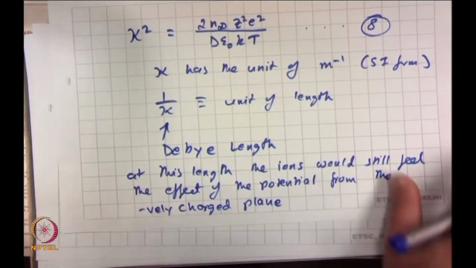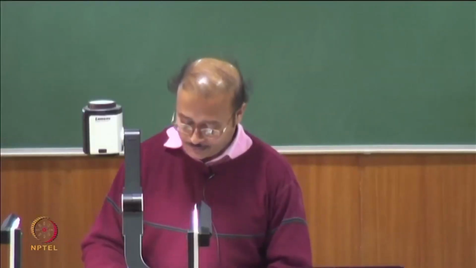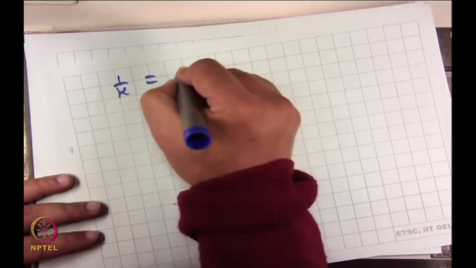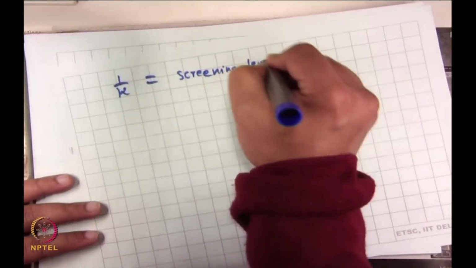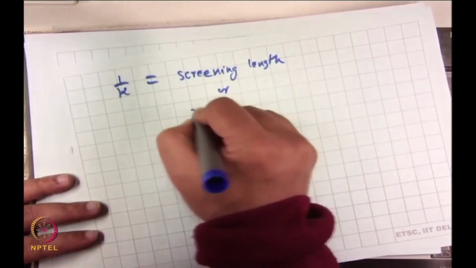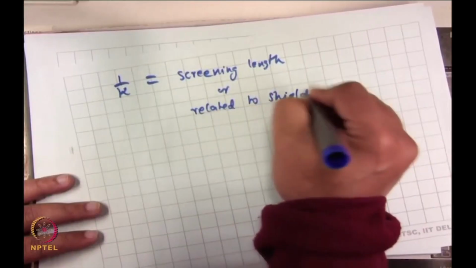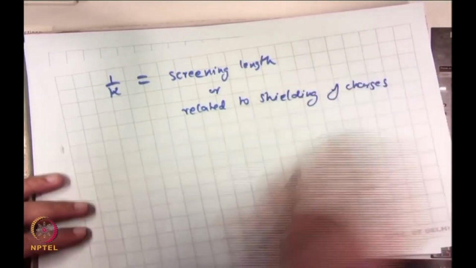In other words, what we can refer to it as is 1 by kappa is something known as the screening length or related to shielding of charges.